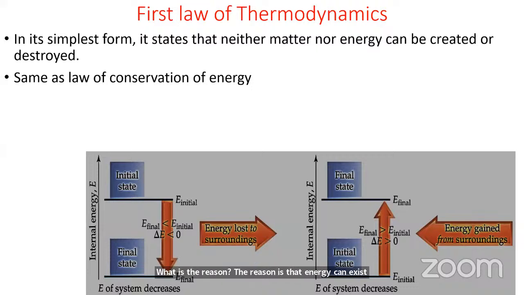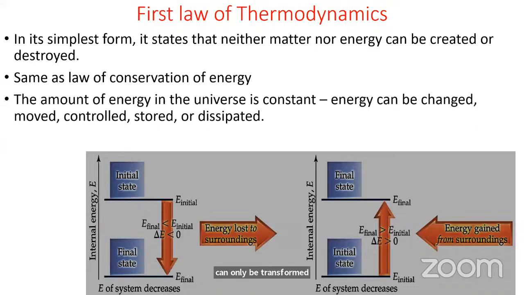So because energy can exist in different forms, that is the reason why it can be converted or transformed from one form to another. So what it means is that energy cannot be created from nothing, and energy cannot be reduced to nothing. It can only be transformed.